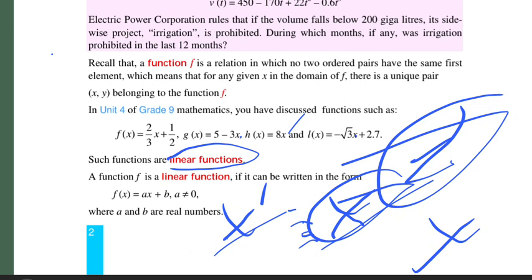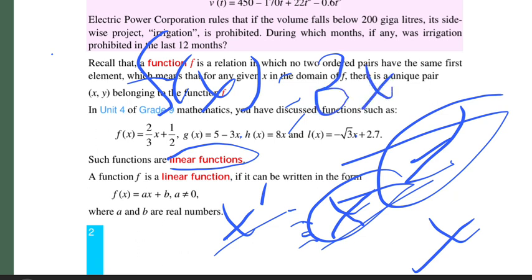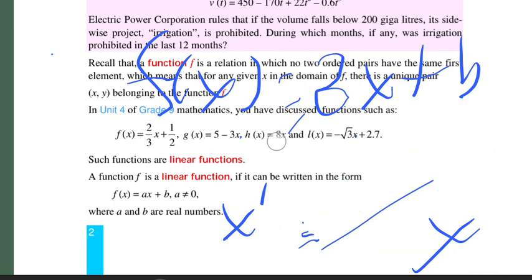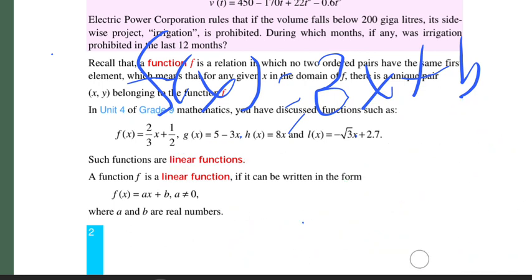When we write the formula of a linear function, f of x equals ax plus b, where a is unequal to 0.